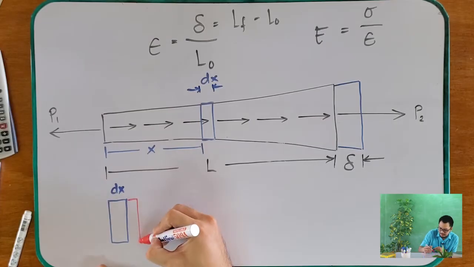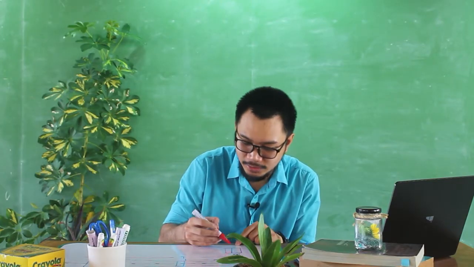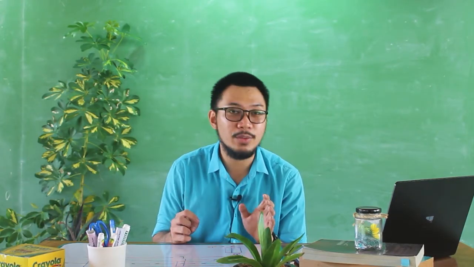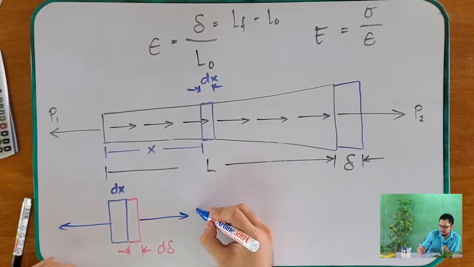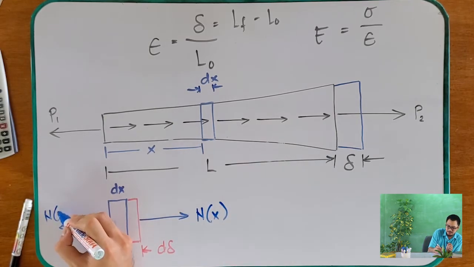Okay? And if we're going to make a free body diagram anang atong differential element, and then, we all know that this one will create a deformation. So, kani atong differential element, ni inat ni siya. Okay? And this inat is what you call your d delta. And then, since this is in equilibrium, then let's say that the load application of this one is n as a function of x.